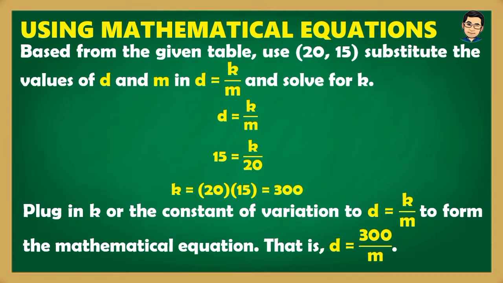And then plug in K to D is equal to K over M to form the mathematical equation D is equal to 300 over M. Since we got the value of K as 300, we just substitute it into the mathematical statement D is equal to K over M. So D is equal to 300 over M. When we divide 300 by M, we get the number of working days.